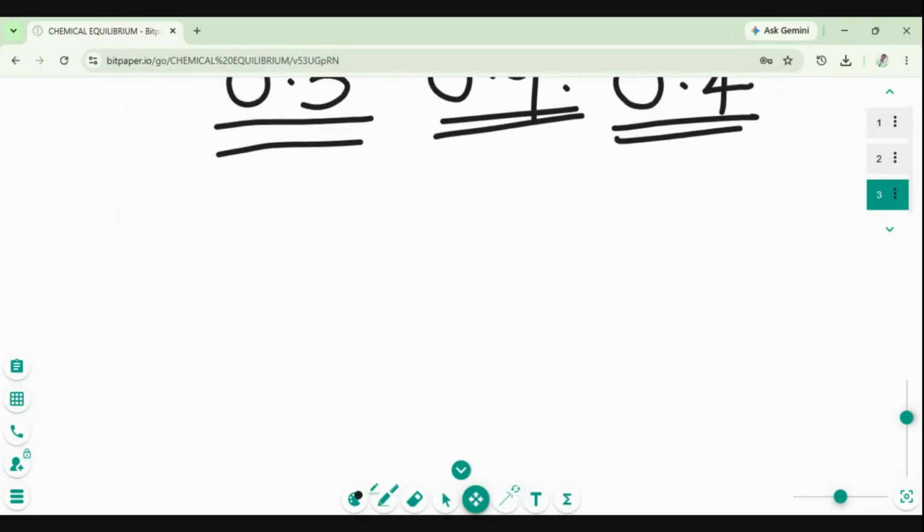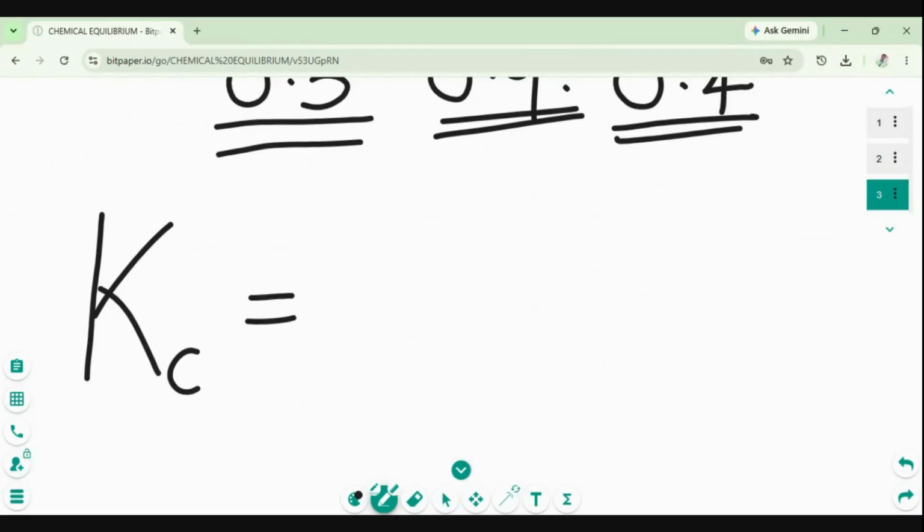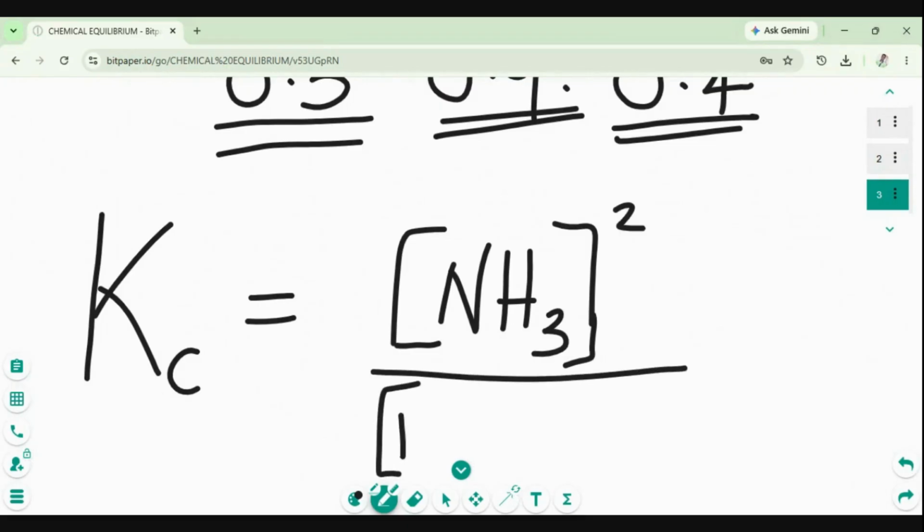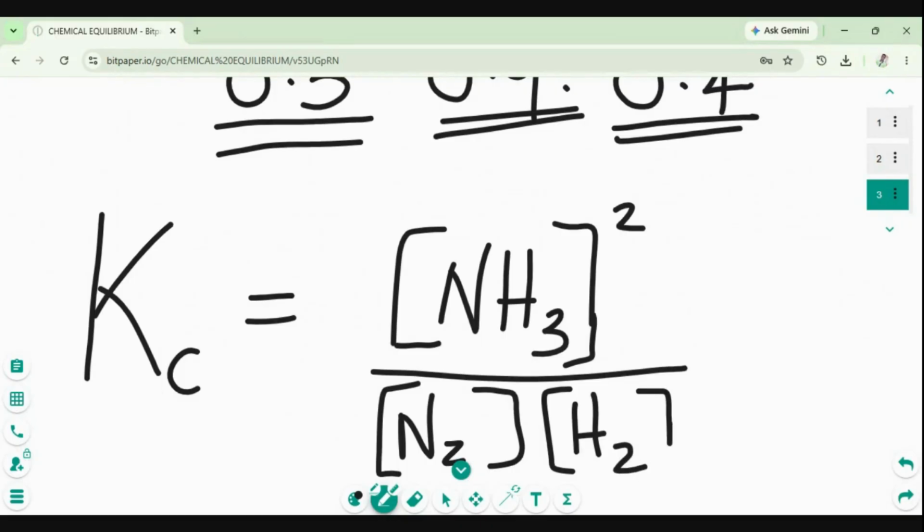So what will be our Kc value? Our Kc will be equal to concentration of ammonia squared divided by concentration of nitrogen times concentration of hydrogen cubed.